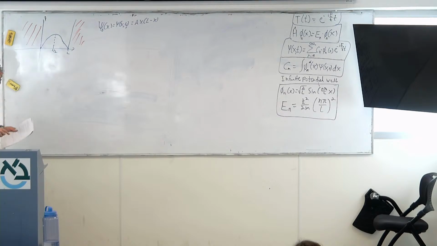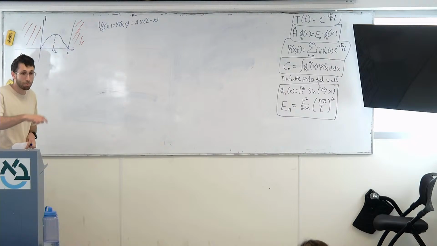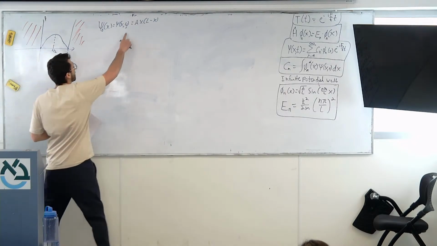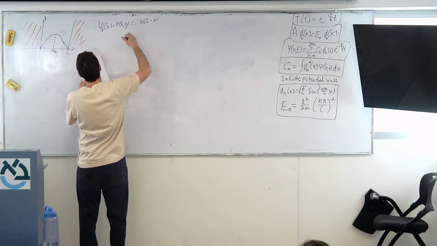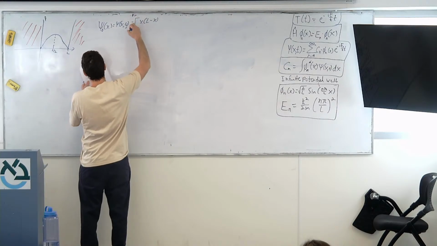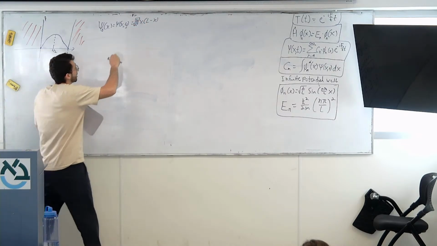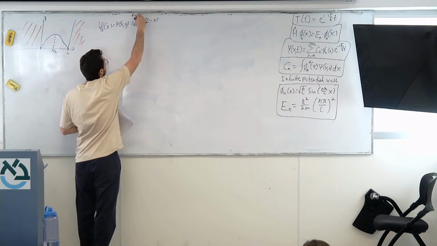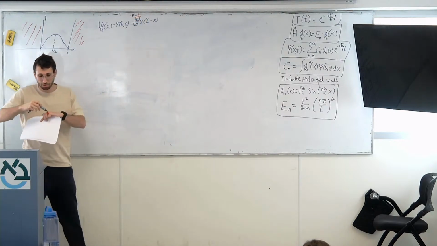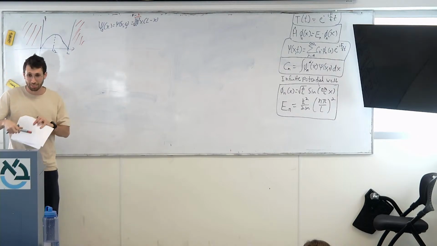First thing we always do is find A. How do we find A? Normalization, great, integration. Exactly. A is the square root of 30 over L to the 5th, but most of the time I'm just going to call it A, because I don't want to write too much.